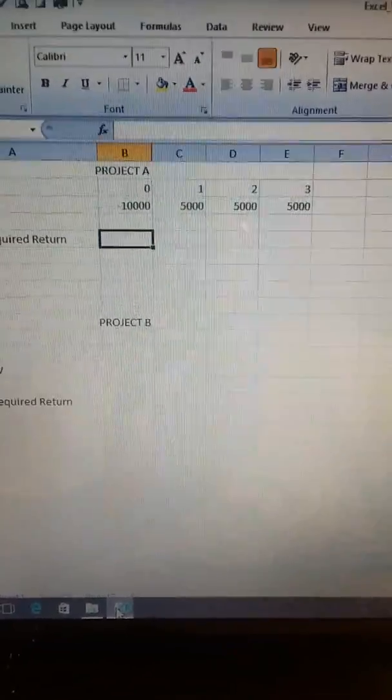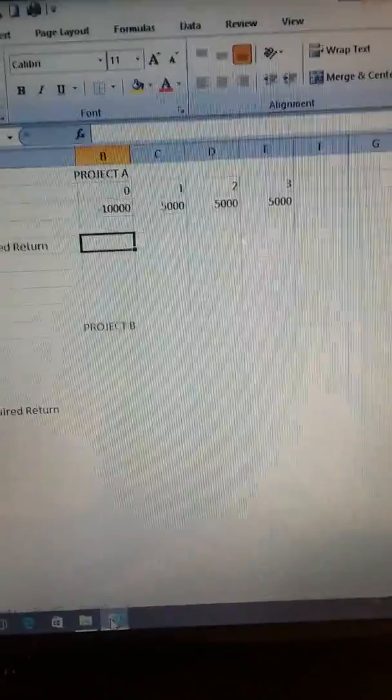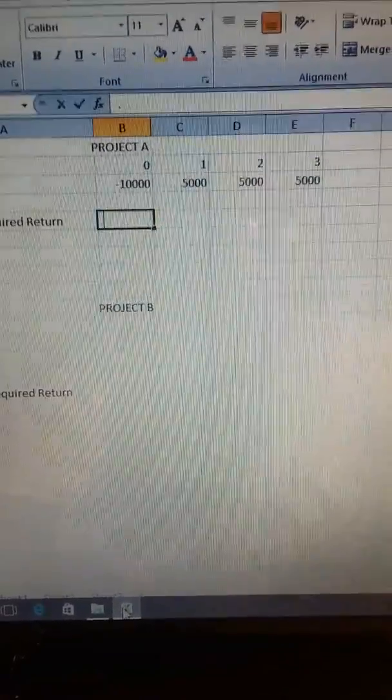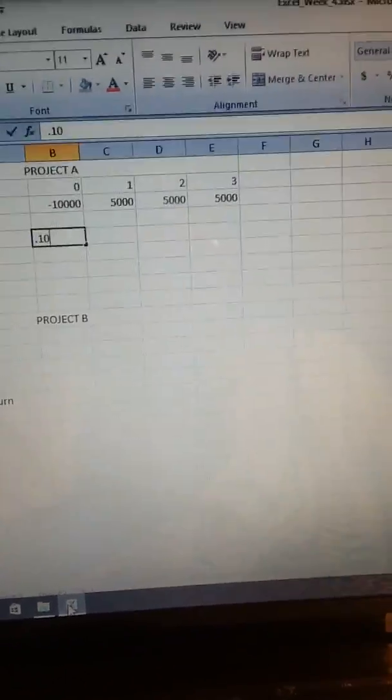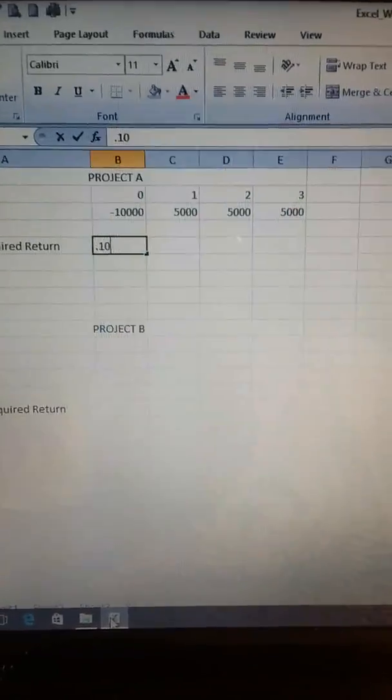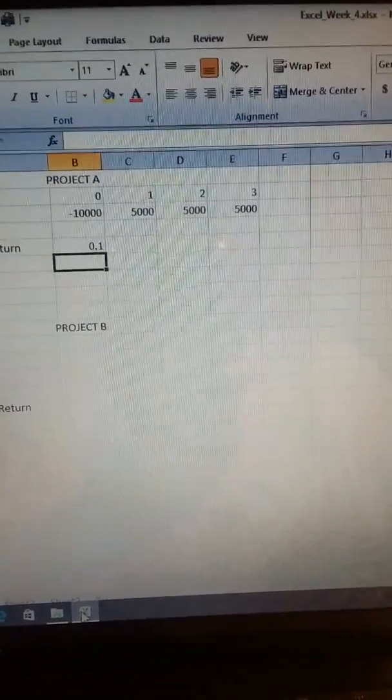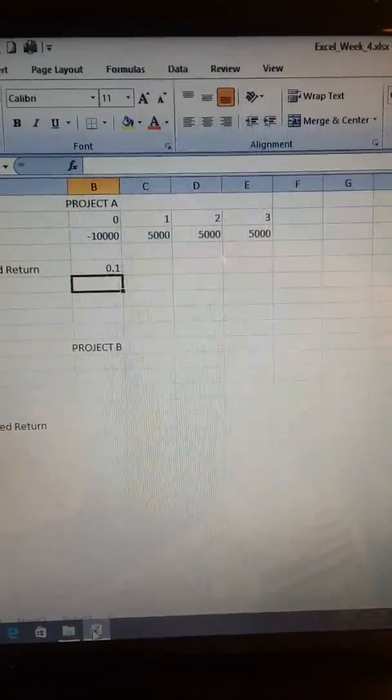So our interest rate for this particular project is 10% on all of these. So we're just going to pop in a 0.10. So that's our required return. So we go down here and we do our NPV.